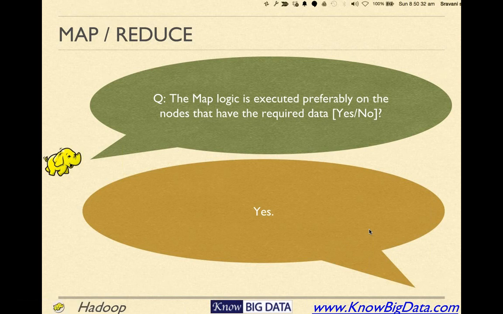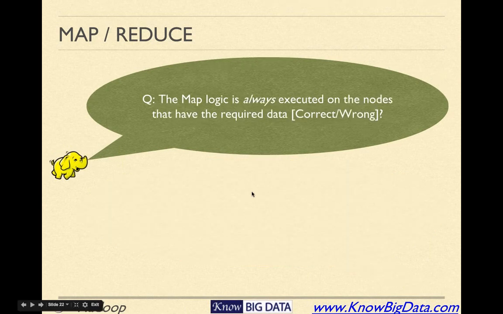Yes. So Leonid's question is, why does it say preferably? Because of this question. The map logic is always executed on the nodes that have the required data. Correct or wrong? Webber says wrong.